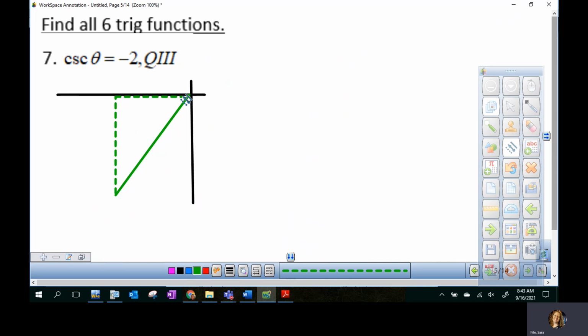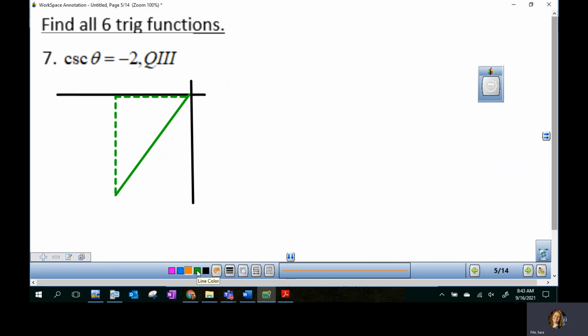So I just know I'm sketching a triangle in this quadrant. I need to know my ratios. So I'll go ahead and write the 6 out so we can review the ratios.